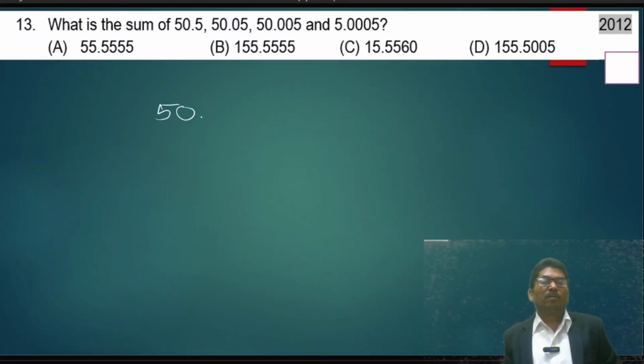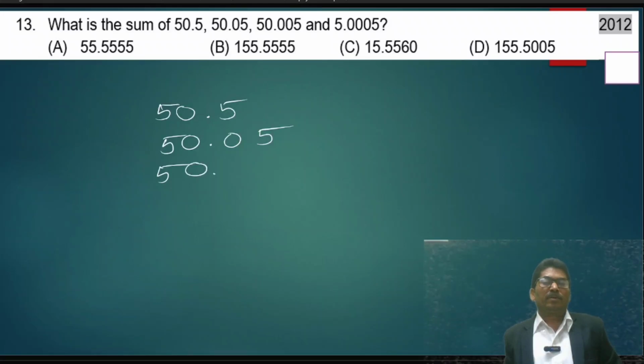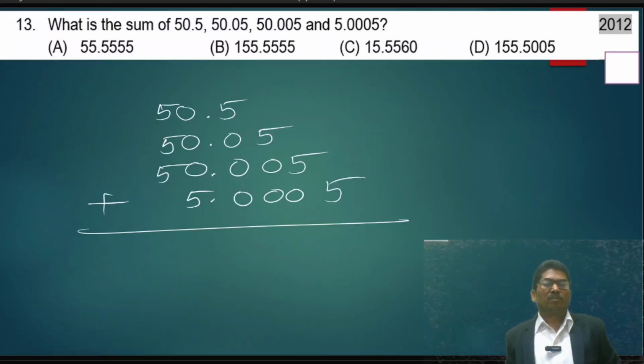50.5, 50.05, 50.005, 5.0005. Sum, so 5, 5, 5, 5, 5, 1, 2, 3, 3, 5 is 15.